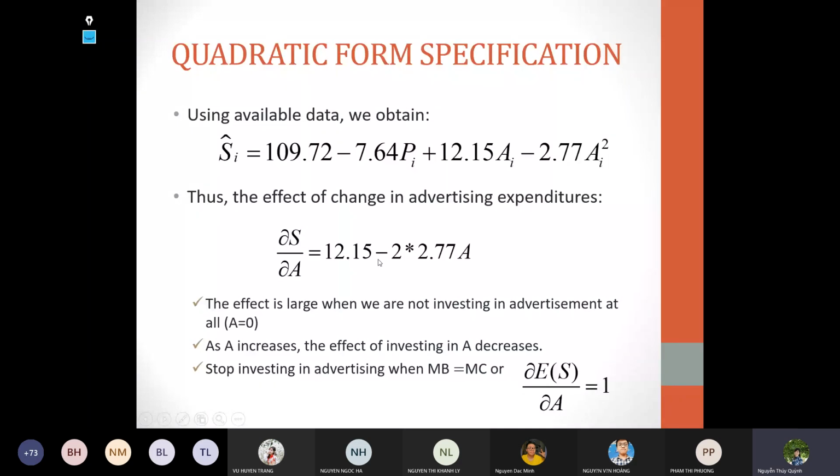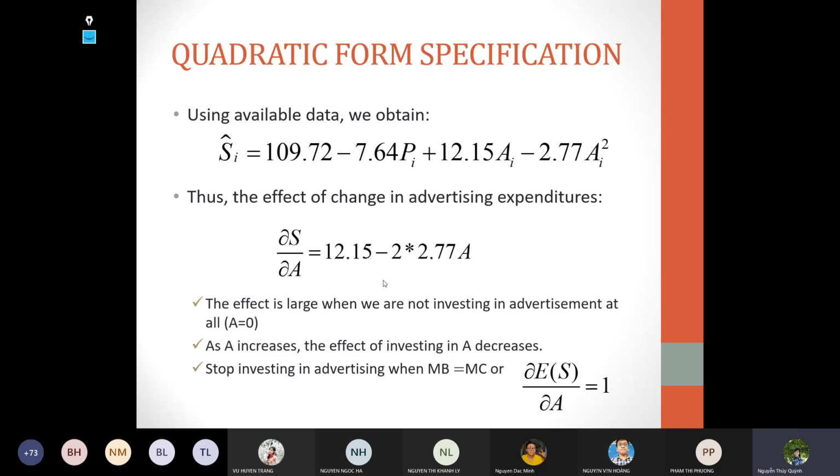You can see that the marginal effect of advertising on sale is largest when we are not investing anything in advertising expenditures, which means that when the level of advertising expenditures is equal to zero, the marginal effect of one additional unit of advertising expenditure is the largest. That marginal effect will decrease when the level of advertising expenditure increases.